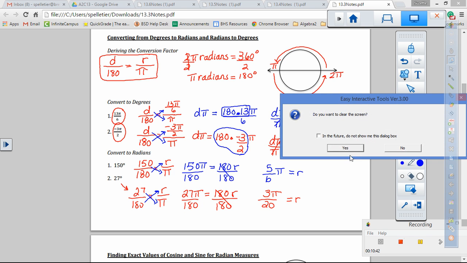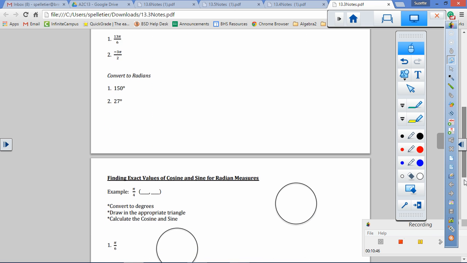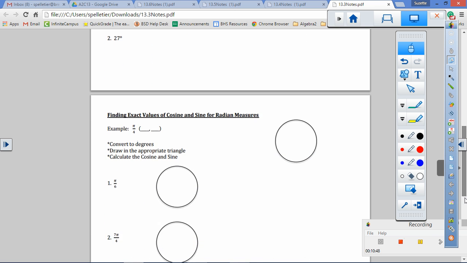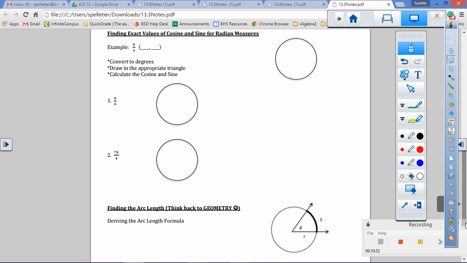Now let's go to the next page and do some exact cosine sine measures. So I'm going to give you an example at the top of the page, and then we're going to do these two examples otherwise. So the first thing we're going to do is talk about this example. Pi over 4 is my example. I want to find the exact measure of pi over 4.